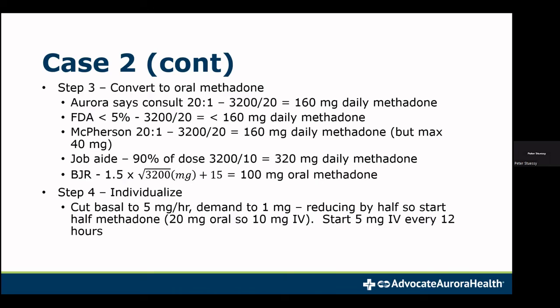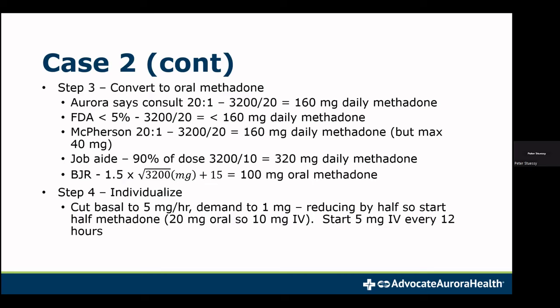Rationale behind that is methadone really helps to upregulate opioid receptors and make opiates that are currently on board far more sensitive than they have been. They work a ton better once you start methadone in most cases.